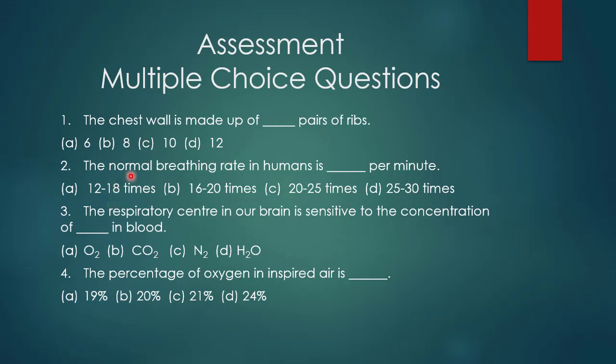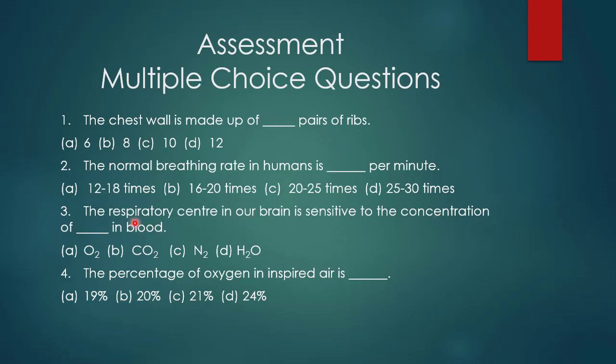Number 2, the normal breathing rate in humans is dash per minute. The options are 12 to 18 times, 16 to 20 times, 20 to 25 times, or 25 to 30 times. The correct answer is 16 to 20 times per minute. Number 3, the respiratory center in our brain is sensitive to the concentration of dash in blood.